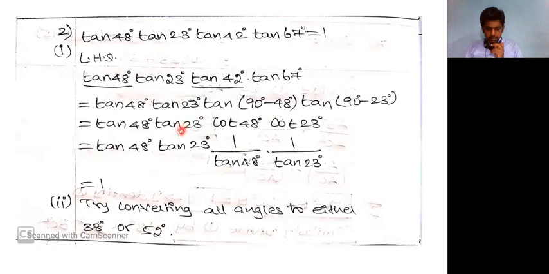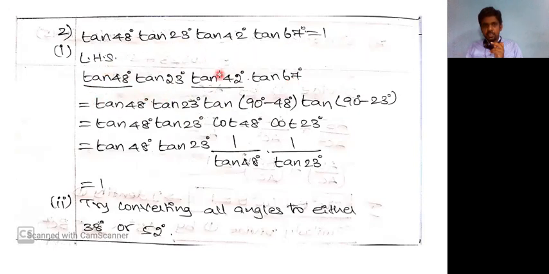Second question, again, show that tan 48, tan 23, tan 42, tan 67 is equal to 1. We'll be using complementary ratios again. So tan 48 and tan 42, you can see these two are one pair because 48 plus 42 gives you 90 and 23 plus 67 gives you 90.